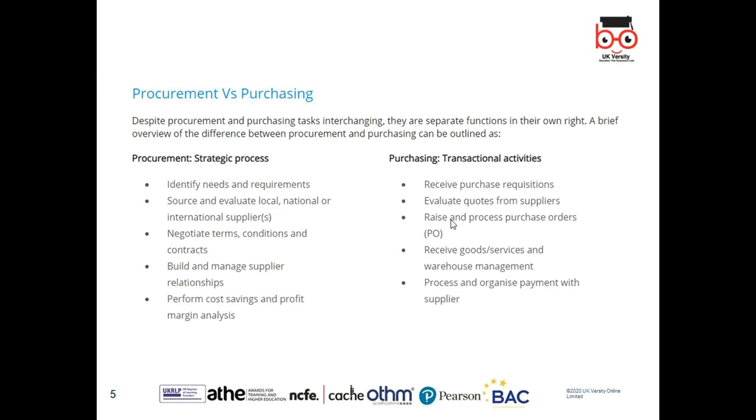Next, we're looking at procurement and purchasing. Procurement is a strategic process, but purchasing is a transaction process. In procurement, we need to identify the needs and the requirements. We need to source and evaluate local, national, and international suppliers. So where will we buy the thing? Why will we buy from China?